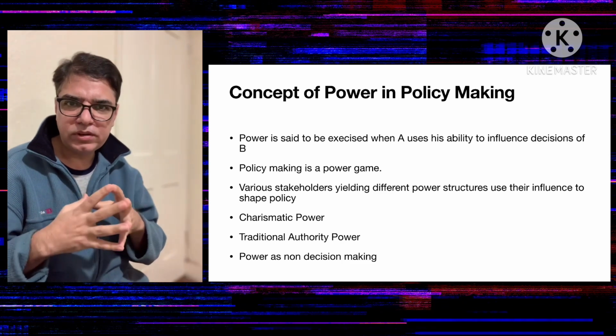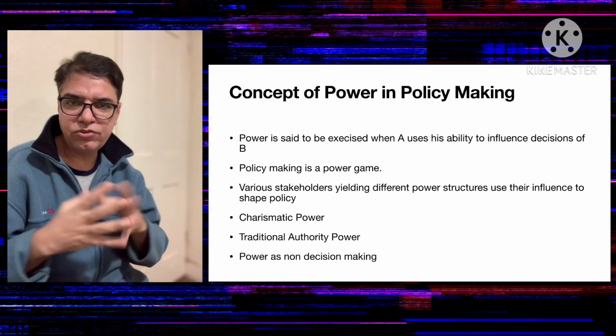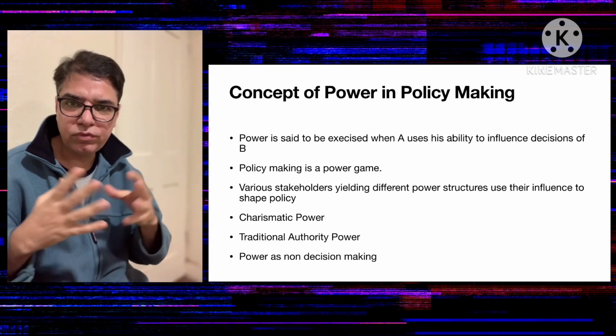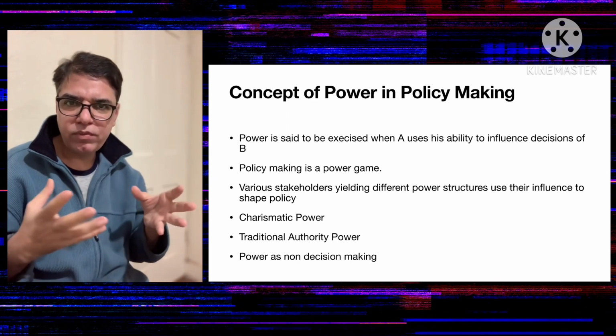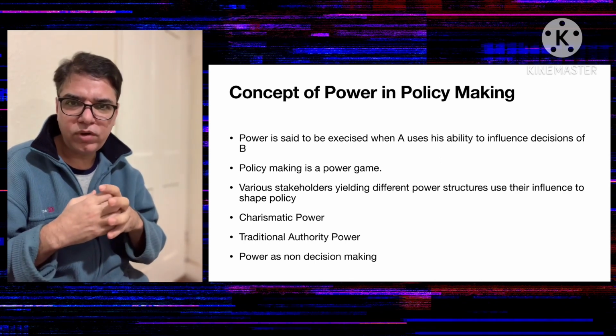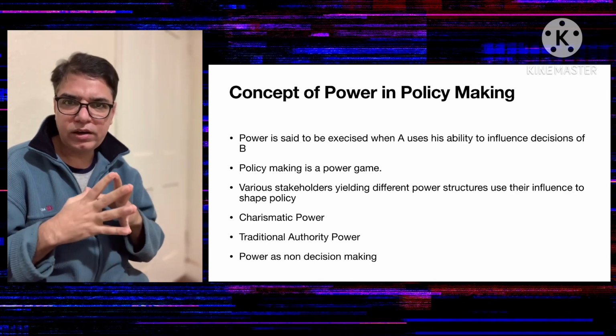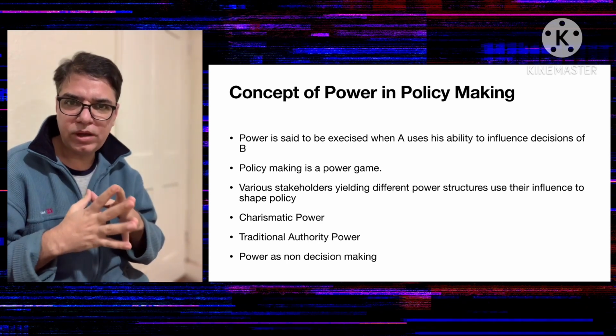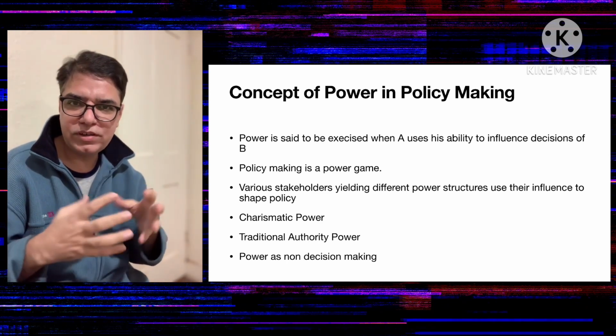So for example, in certain countries, the powerful elite might create a situation of law and order where people are more worried about their own safety. So they cannot think of what the economy should look like, or what sort of healthcare services should be provided to them. They are more concerned about their own personal safety.